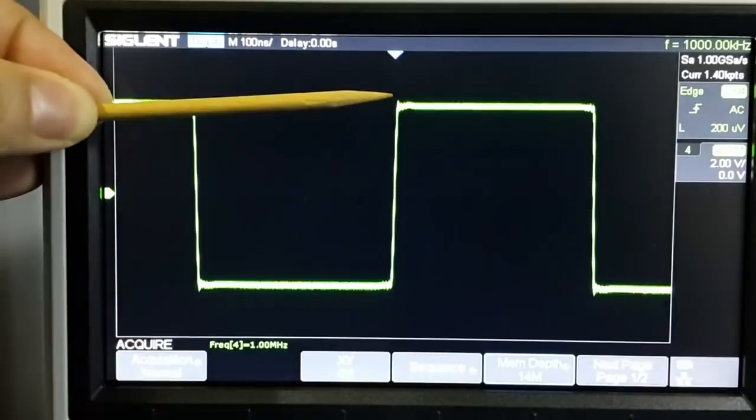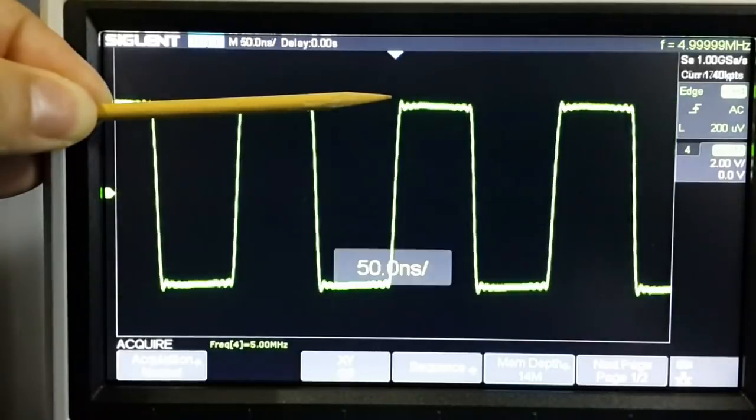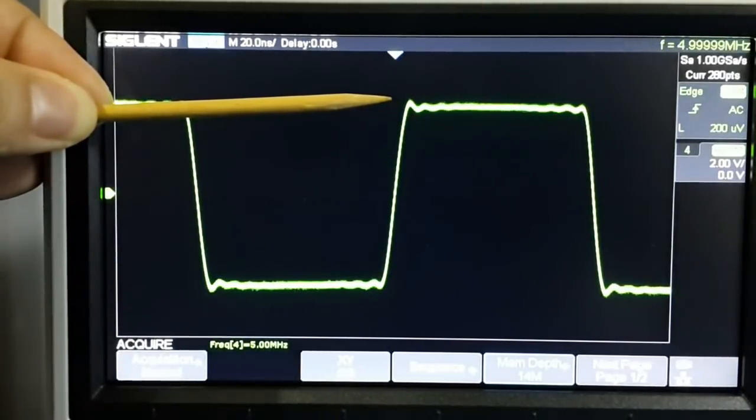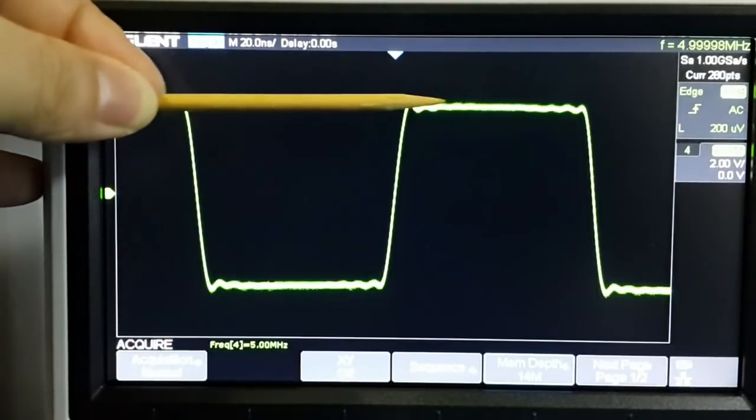I will go for 5 megahertz. Did you see it? If I go for 10 megahertz, I will be in this area.